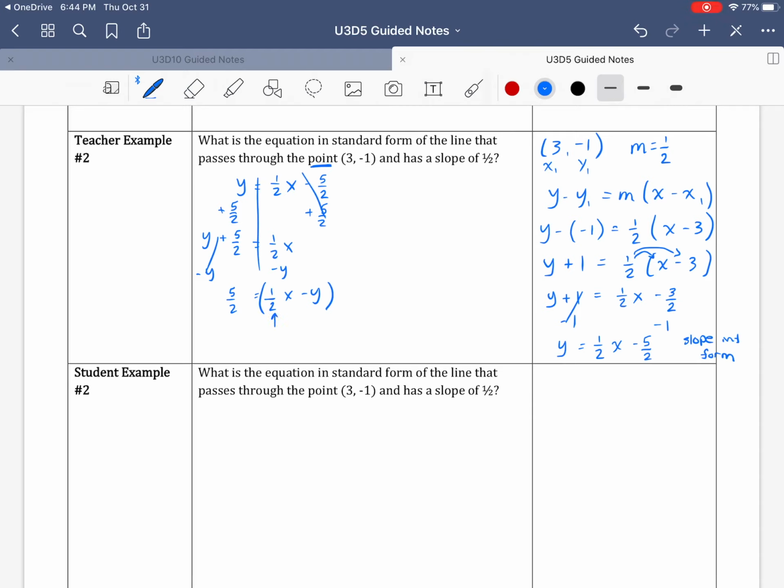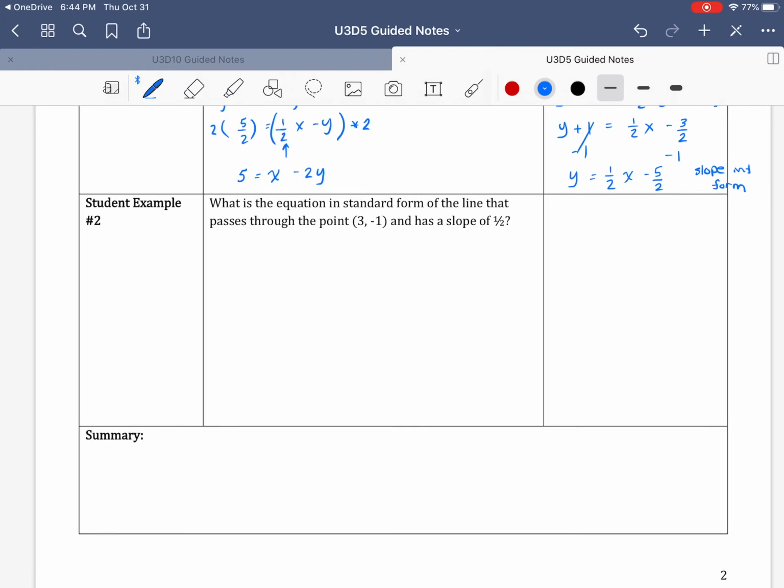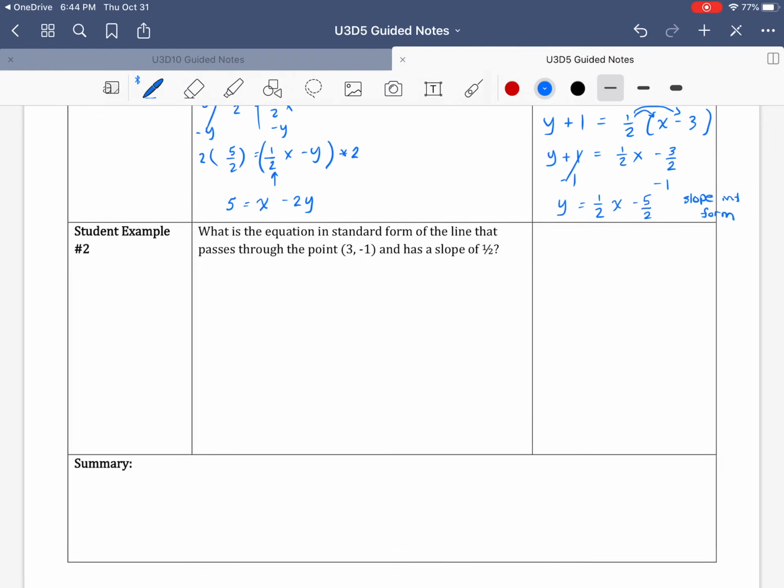I need to multiply by my denominator, which is a 2, and I get 5 equals x minus 2y. When I rewrite that, x minus 2y equals 5. That's my equation in standard form. So I know that's a lot of steps. Give it your best shot and try number 2 on your own.